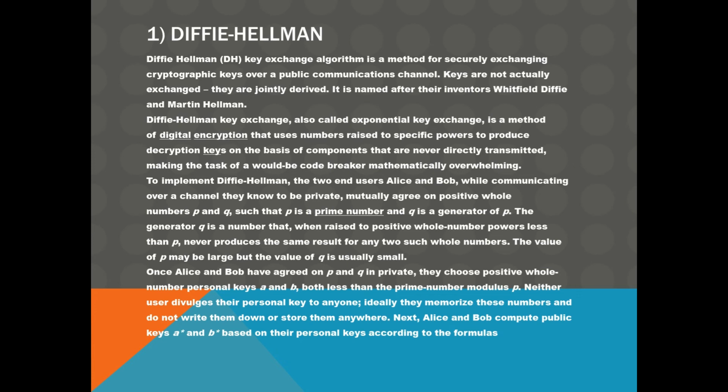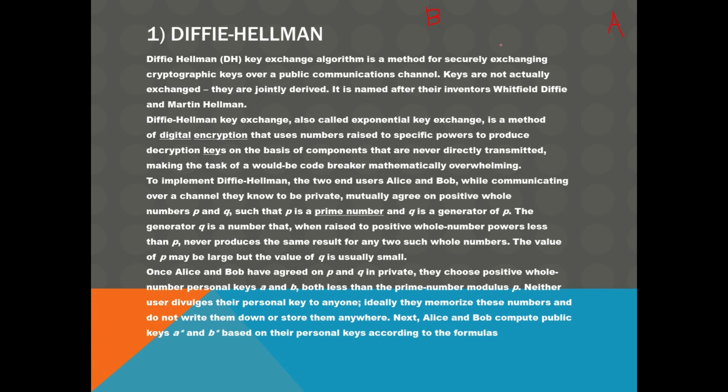So let me quickly show you how this algorithm actually works. For that, let me take one example. Suppose you have two users, Bob and Alice. Here, assume that Bob is the sender and he wants to send some message to Alice.